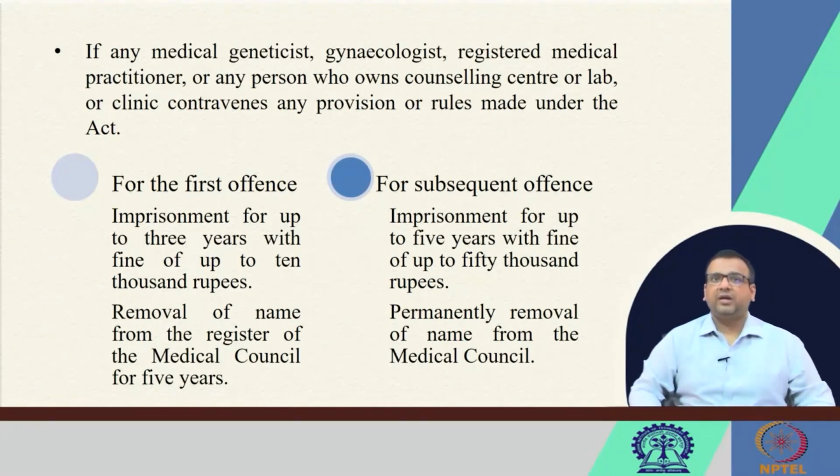If any medical geneticist, gynecologist, registered medical practitioner, or any person who owns a counseling center, laboratory or clinic contravenes any provisions or rules made under the Act, for the first offence the imprisonment will be up to 3 years with a fine of up to 10,000 rupees, or the removal of the name from the register of the medical council for 5 years with a warning notice. For a subsequent offence or repeat offender, the imprisonment is up to 5 years with a fine of up to 50,000 rupees and permanent removal of the name from the register of the medical council, that is a penal erasure of the medical practitioner, what we call a permanent or professional death sentence.